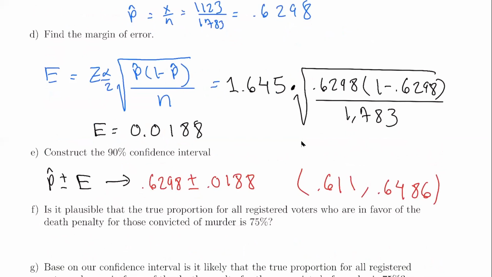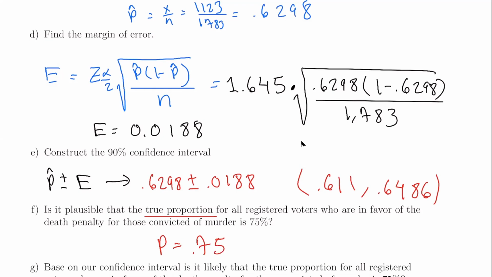All right, so let's do F. F is asking, is it plausible that the true proportion for all registered voters who are in favor of the death penalty for those convicted of murder is 75%? So they're asking, is it possible or plausible that p could equal 0.75?